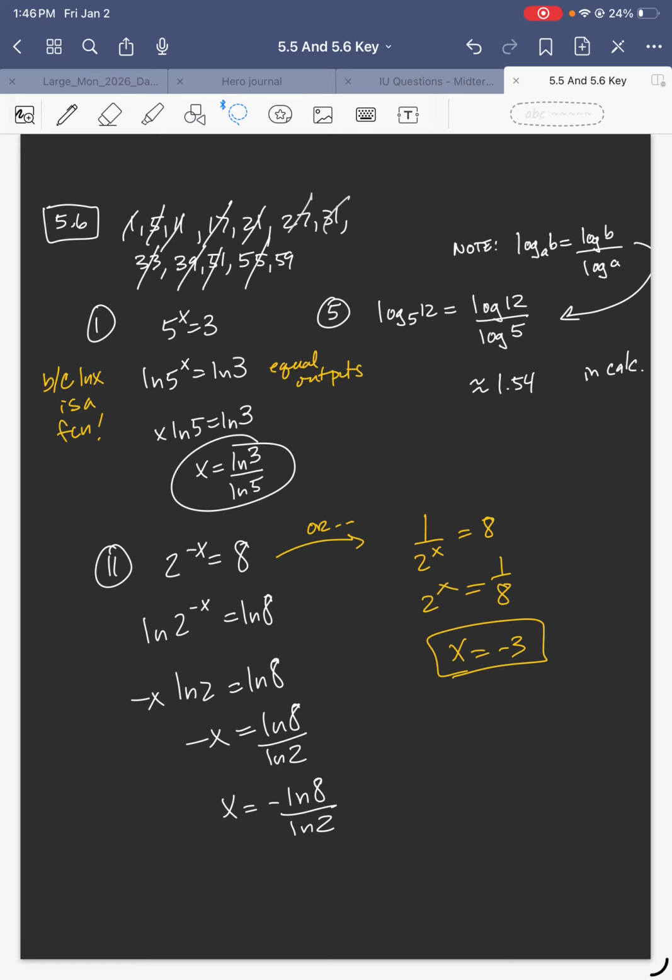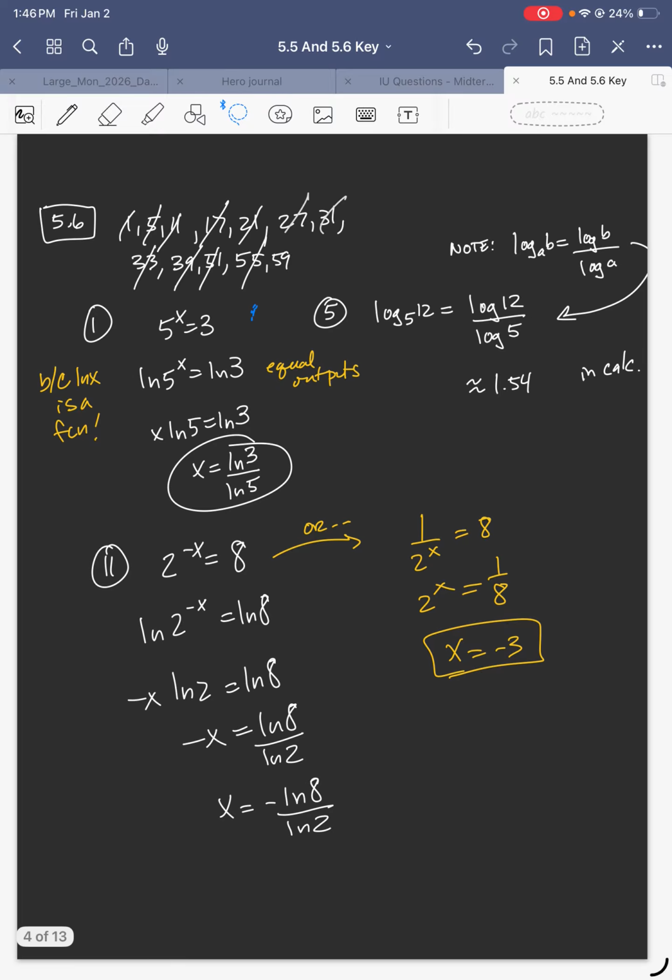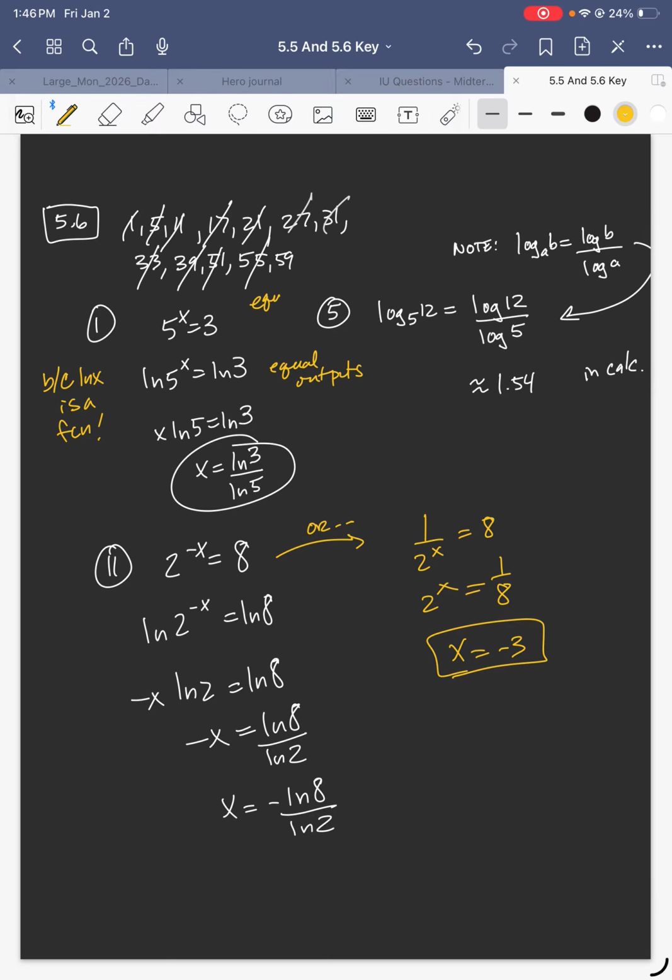So equal inputs means you get equal outputs. So I'm taking this number, plugging it into log, taking the same number and plugging it into log. So we had better get the same things because the natural log is a function.